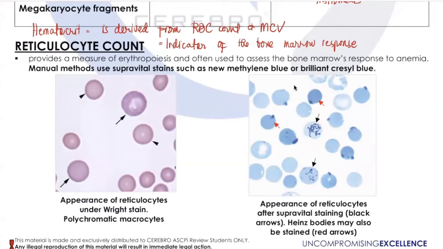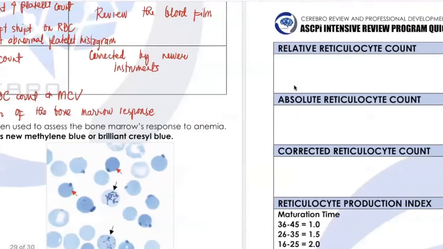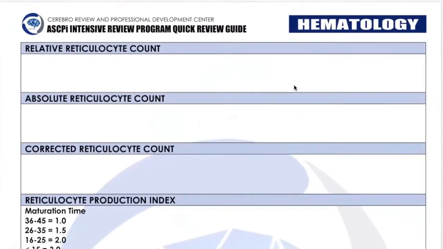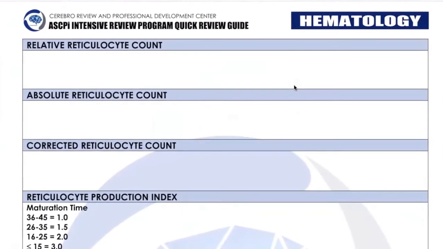So there are different reticulocyte counts, and each of them meron silang kanya-kanyang diagnostic usefulness. Yung pinaka-common na ginagawa natin is the relative count. And what is the formula of the relative count?